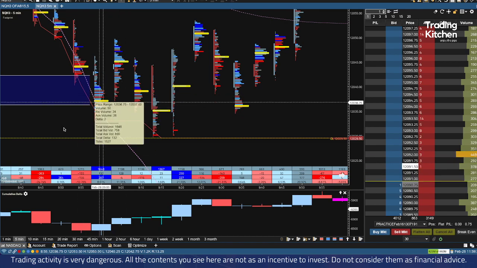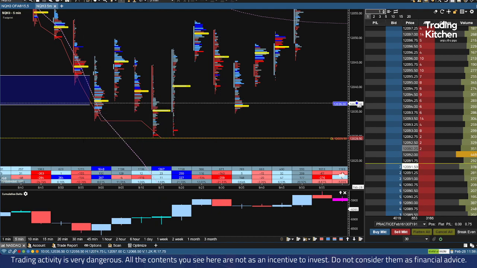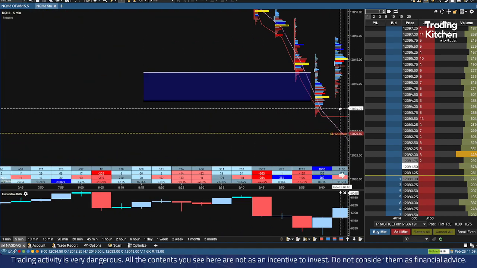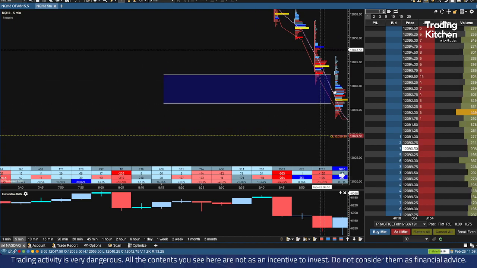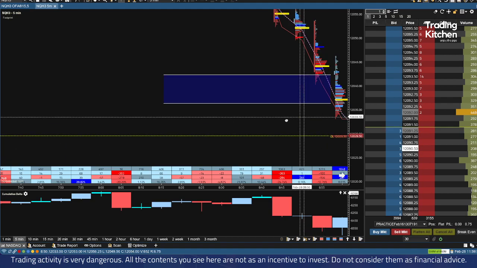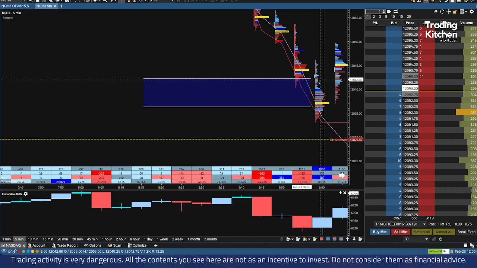these volumes became trapped sellers. If I see this, it is just the first alarm bell.